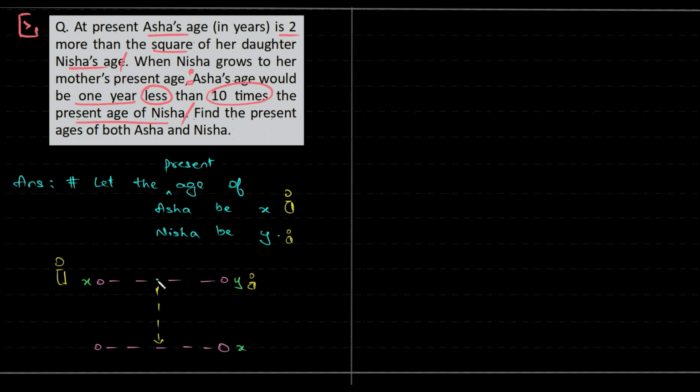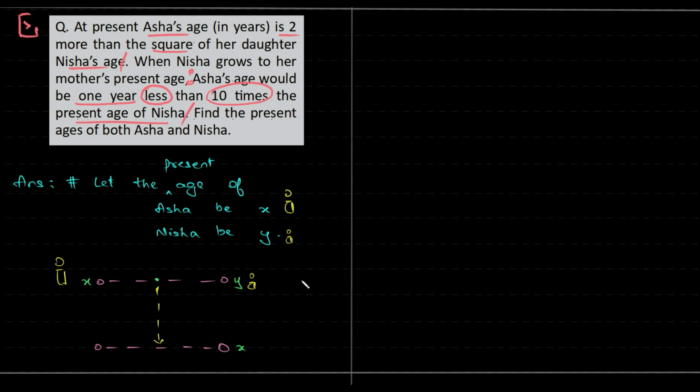Now the next question is, how many years have passed from this line to this line? Think about it, it's quite simple. Is it X plus Y? No. Let me explain with an example.